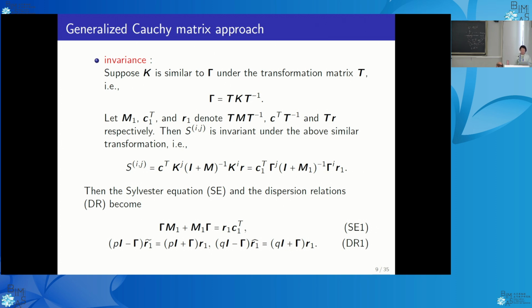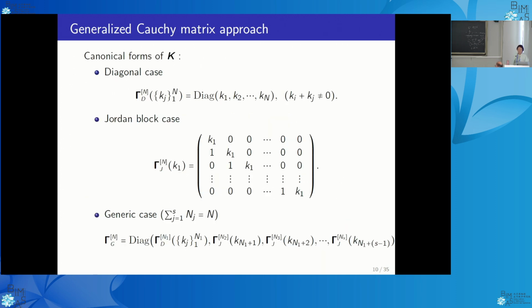So by this similar transformation, we only need to consider the canonical form of K, which means we can only consider these two basic forms, the diagonal case and the Jordan-block case. The general case, in fact, is a combination of the two basic cases.